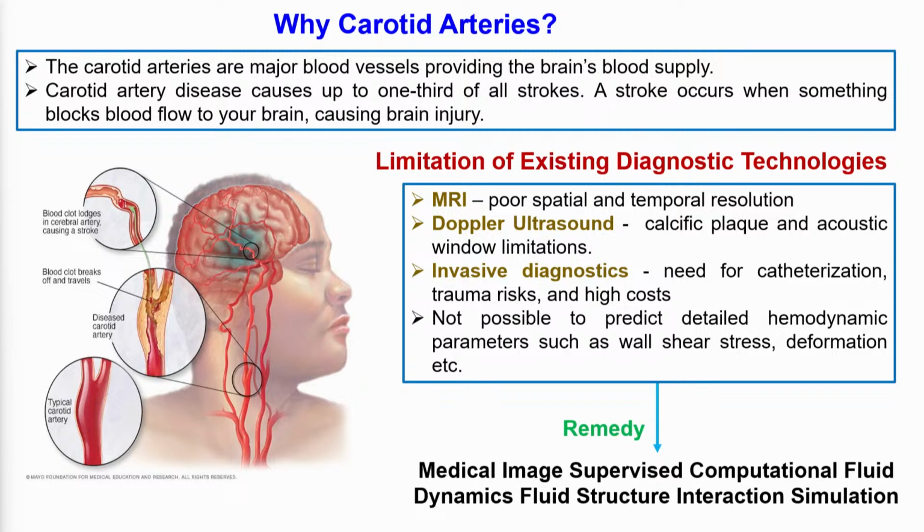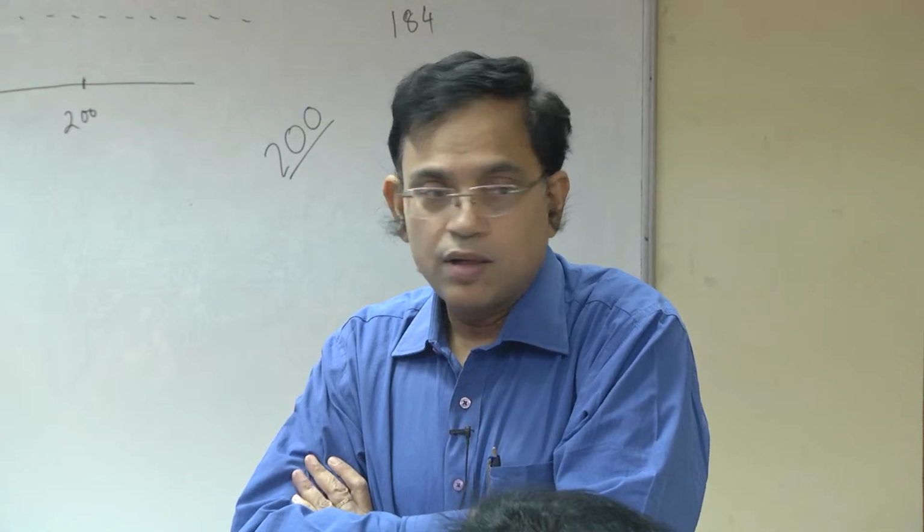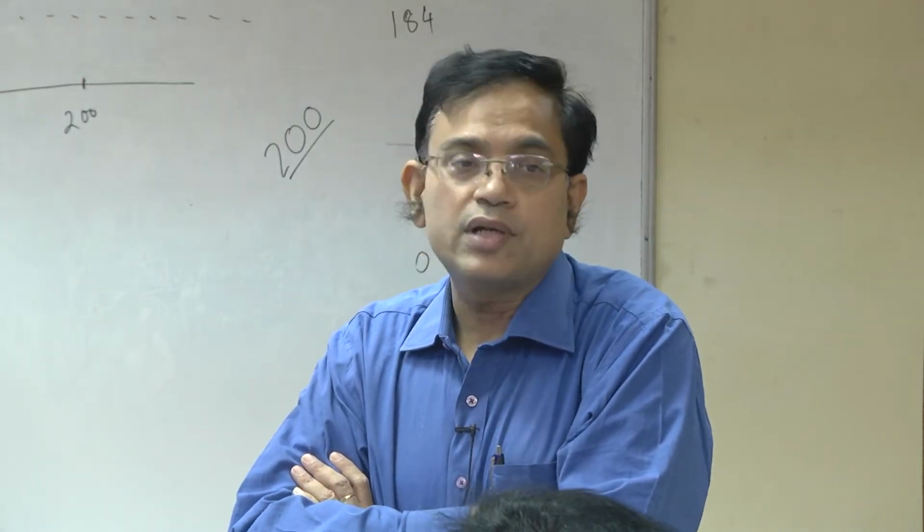Carotid arteries are major blood vessels which provide the brain's blood supply, and that is why these are very critical. If you talk to any cardiac expert doctor, they will talk about 2 major types of arteries. One is the coronary artery and then the carotid artery.